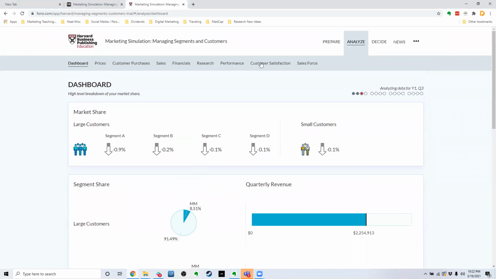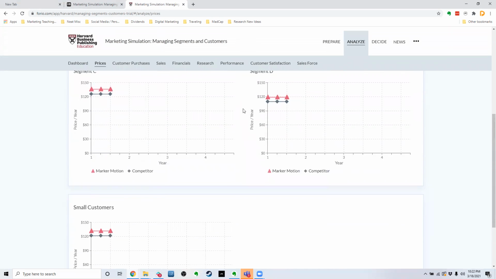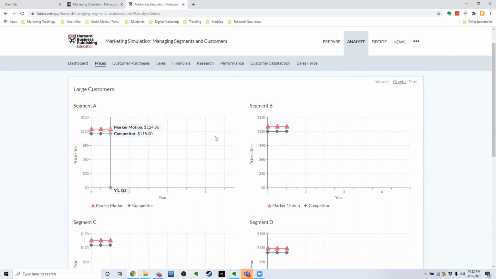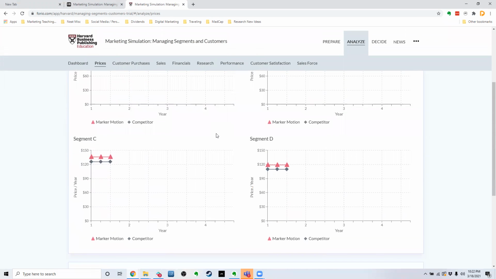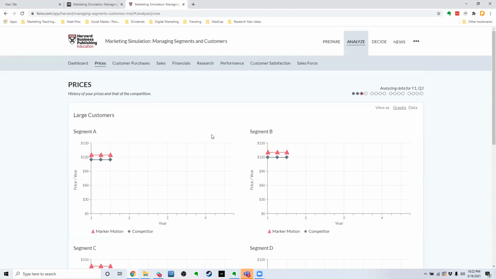And then each of these tabs across the top help you dig into a little bit more detail. And there's a couple of them that I really want to show you, but some that I'll just skim over. Again, by the way, what you're seeing here is your pricing, market or motion, and your competitors' data. So you get to see a little bit about what your competitors are up to in comparison to what you're doing.